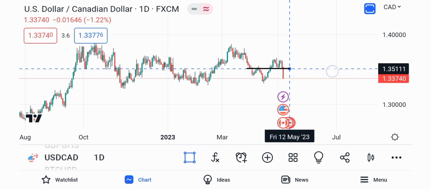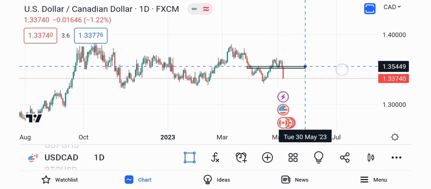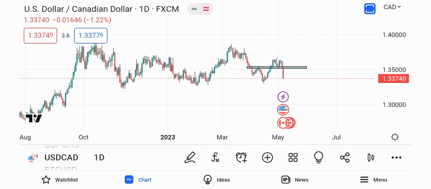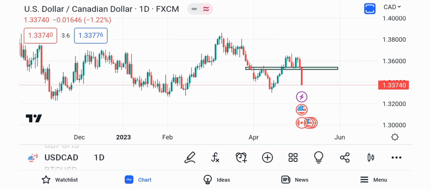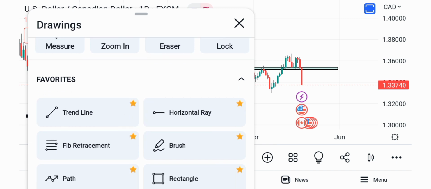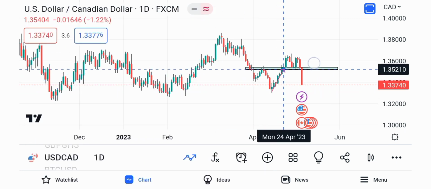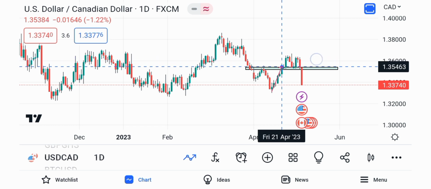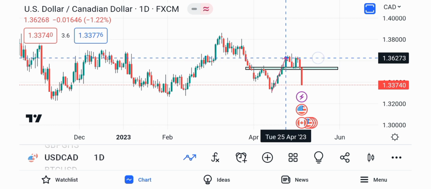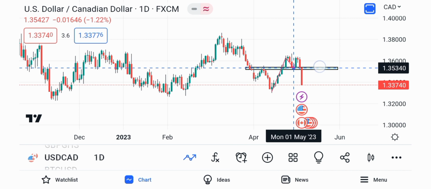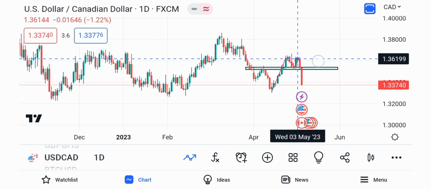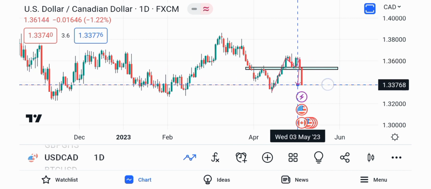Very key level here. And we saw that price broke this level. Price broke this level here, then created a double top at this point, then came downward here.